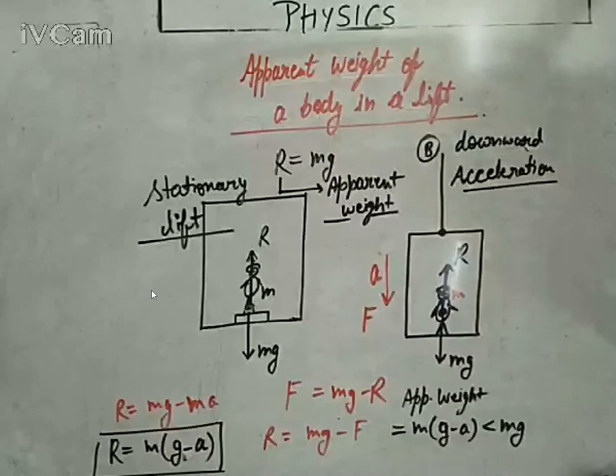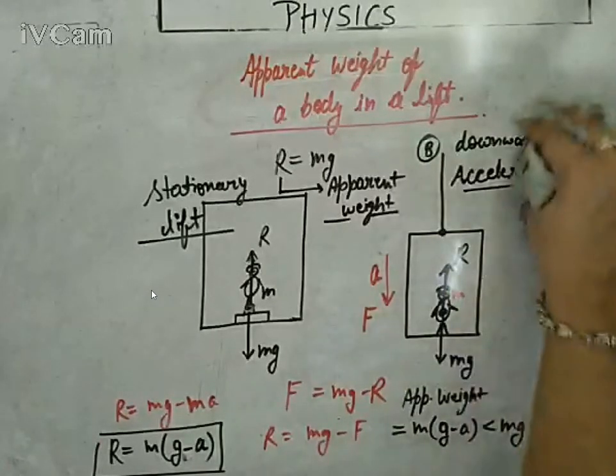Now the third condition is if the lift is moving in the upward or downward direction with a constant velocity. Please pay attention. If the lift is moving with a constant velocity, it means there is no acceleration in the lift. Whether it is moving upward or downward, the lift is in uniform motion.